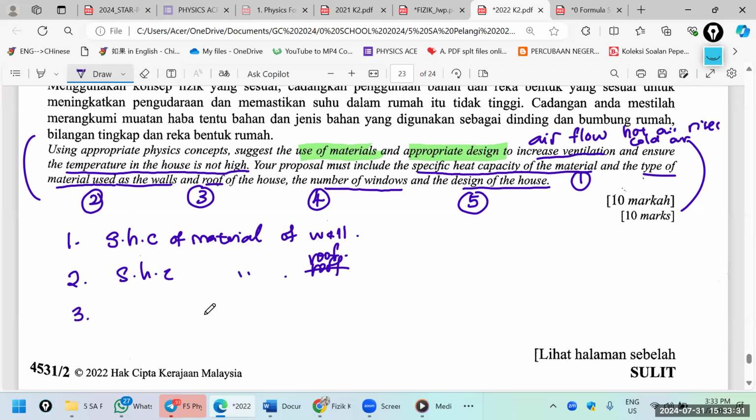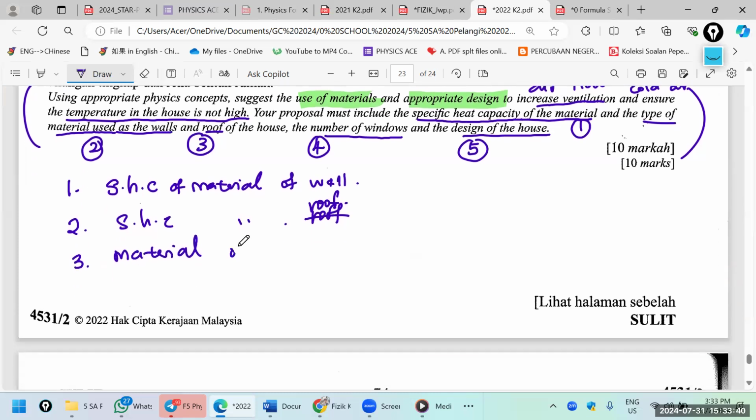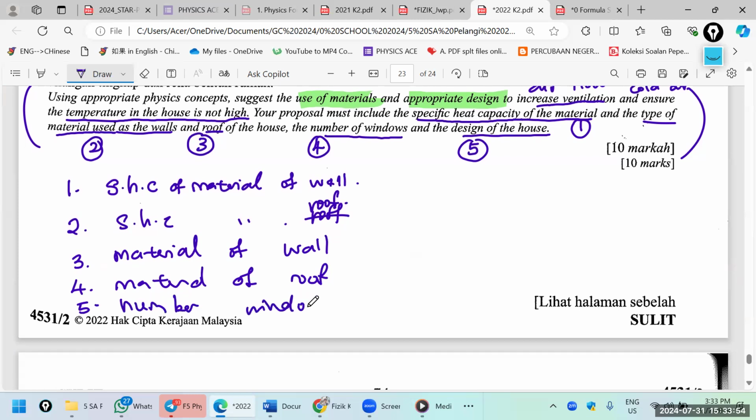Then material. Actually, you can write like this: material of wall, material for roof, and then number of windows. And then number 6, design of house.